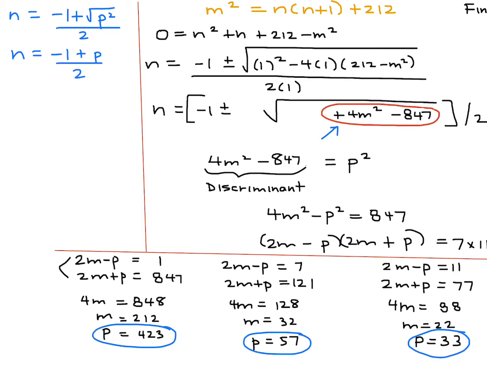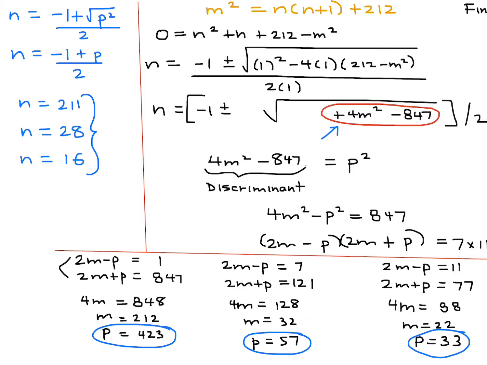So for p equals 423, n becomes 422 divided by 2, which is 211. When p is equal to 57, this becomes 56 divided by 2, which is 28. And when p is equal to 33, this becomes 32 divided by 2, which is 16. So my task was to find all values of n and add them.